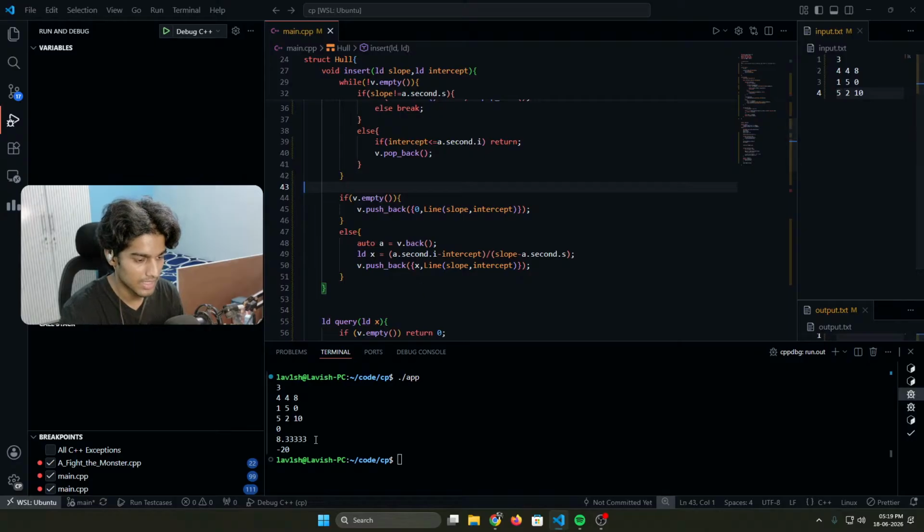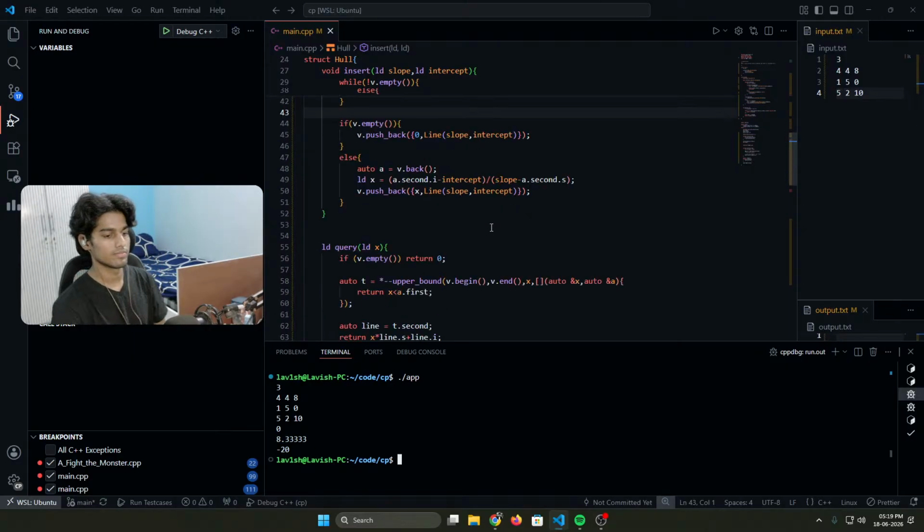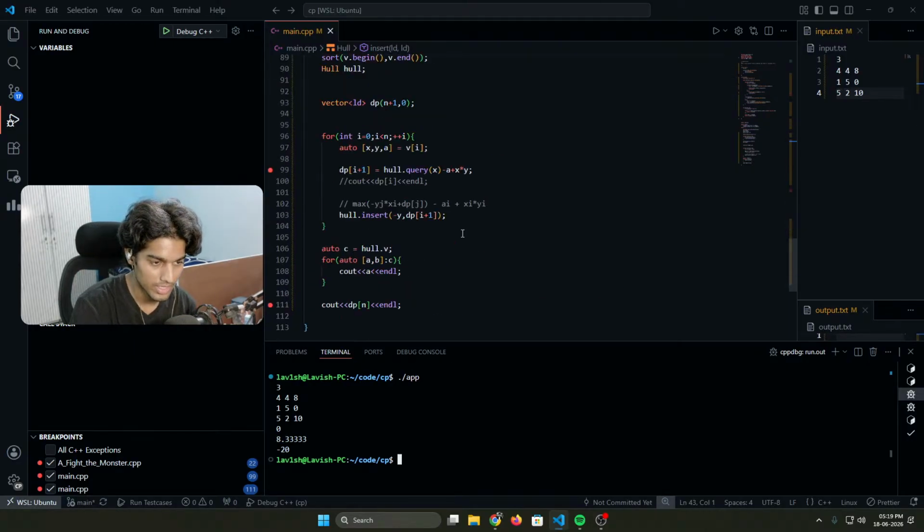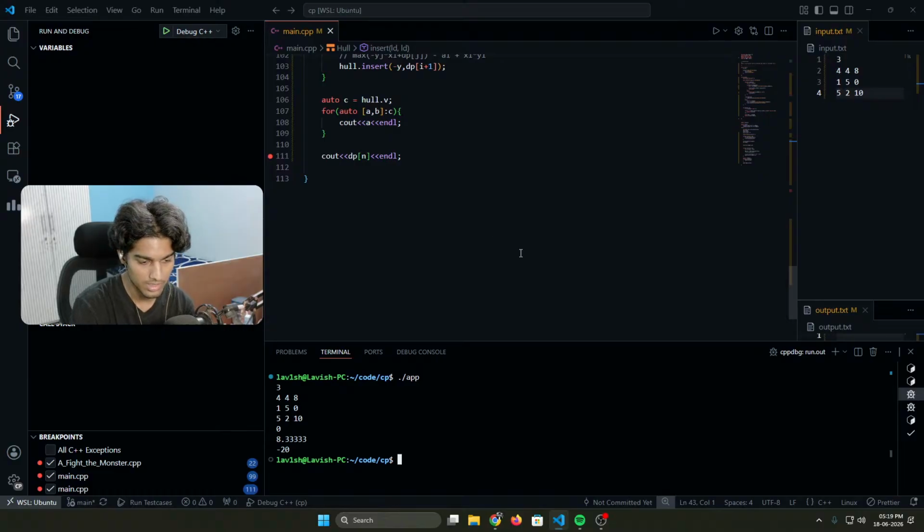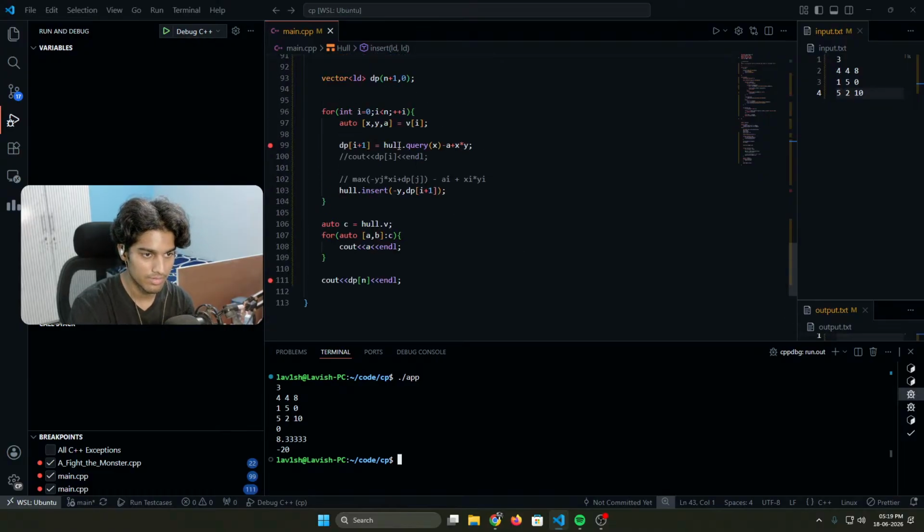We get something. We get 8.3. Holy shit, minus 20. What is that? Why do we have minus 20?